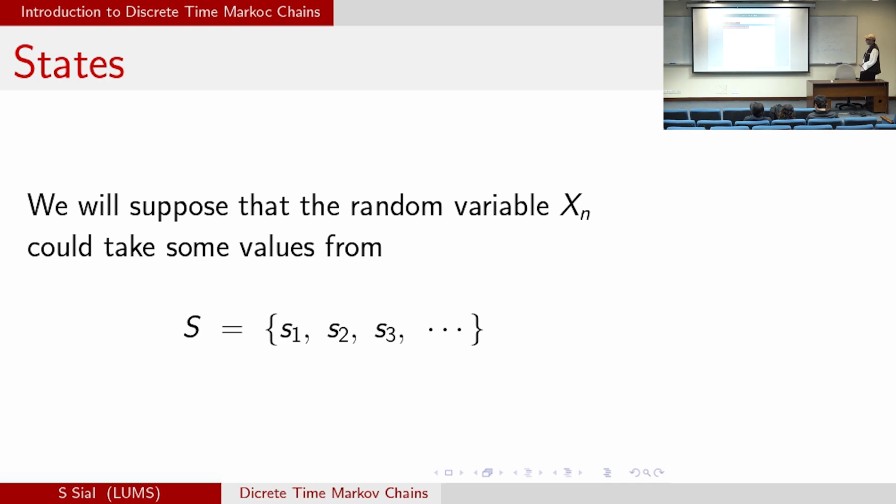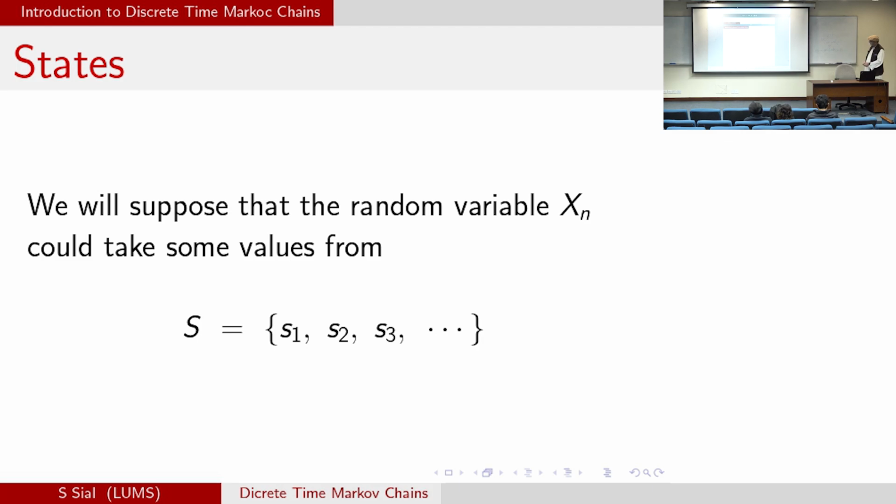So we're going to suppose that each of these xn can take some values from a set S equals s1, s2, s3, and so on. We call these states. So we say that xn can be in the state s1, s2, and s3. Now, here's a trick, just for convenience.